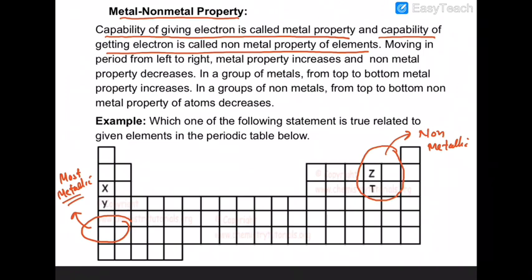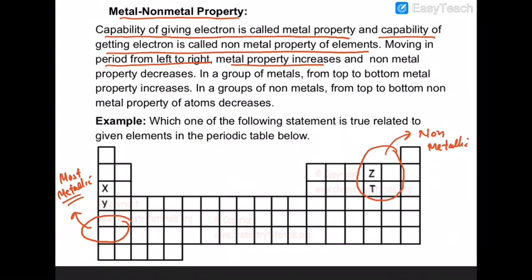Are you sure about that? Moving in a period from left to right, metallic property, I am repeating once more, left to right. If you move left to right, what happens? Non-metallic property increases.